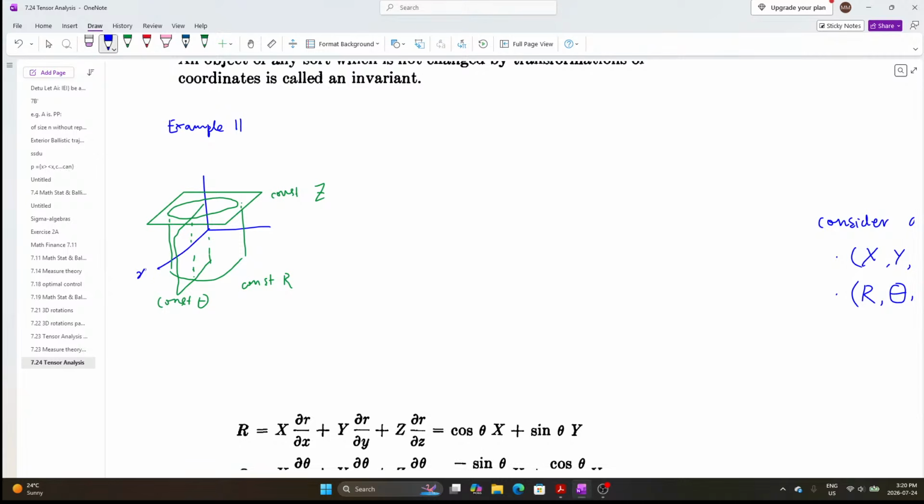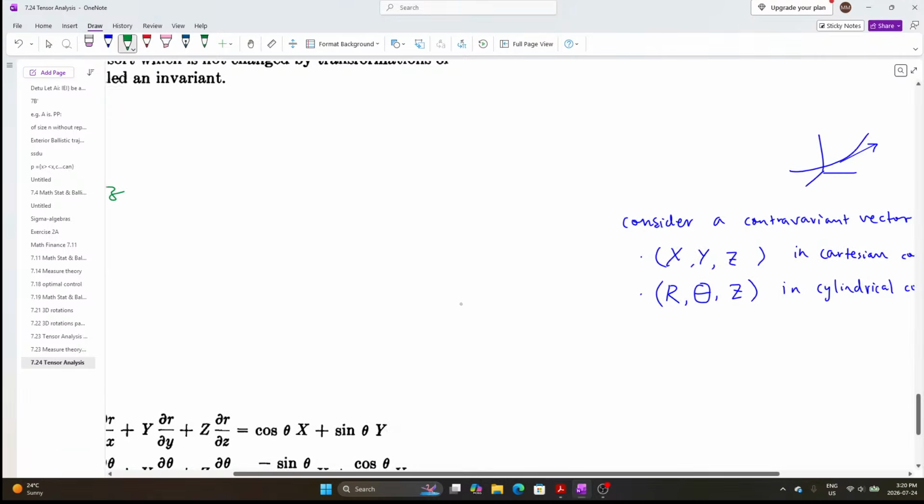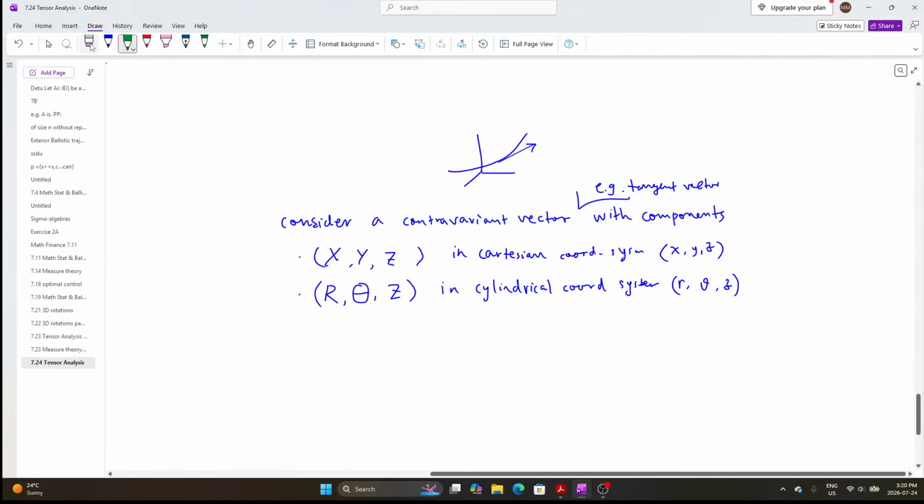They describe points in 3-space. And the green surfaces, these are constant little z. This is constant little r. Constant little theta. Okay, so this is what we're dealing with.